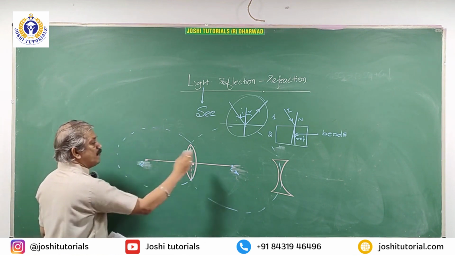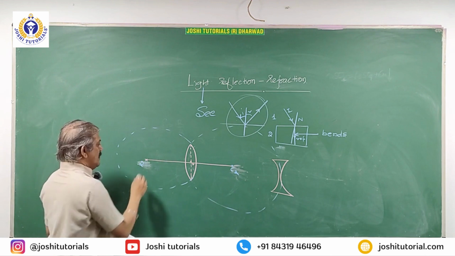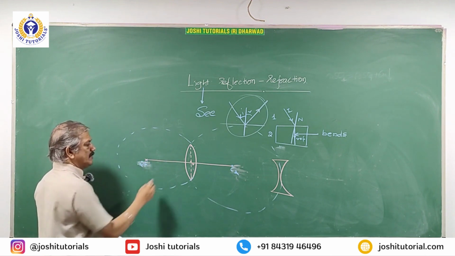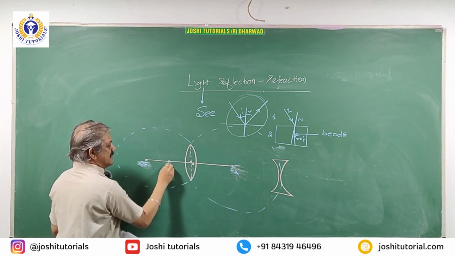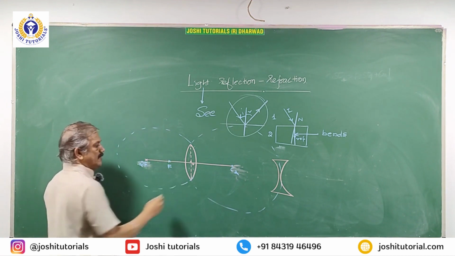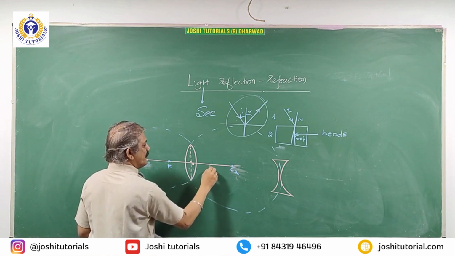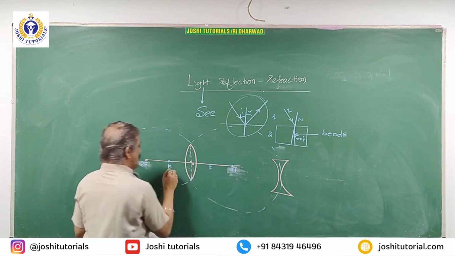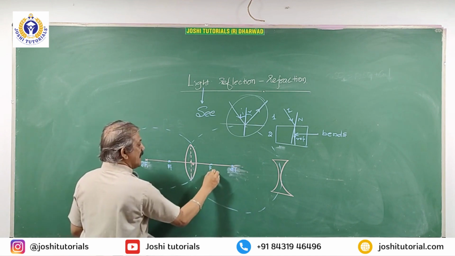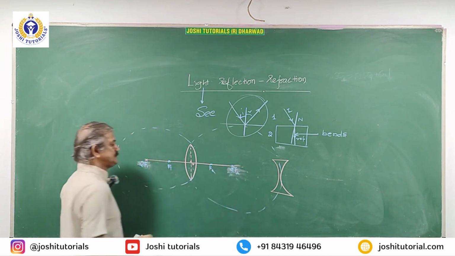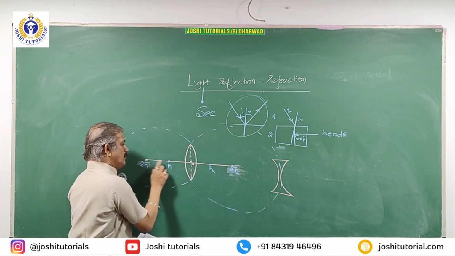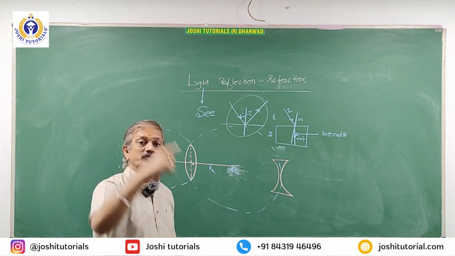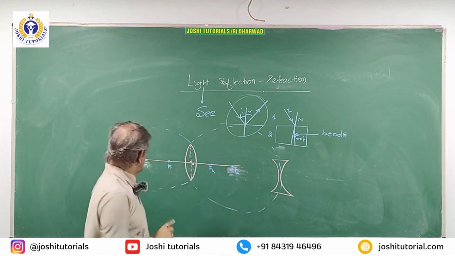You can take foci. 2F1, F1, F2, 2F2: F1 to F1, F2 to F2. 2 foci, because 2 centers of curvature.